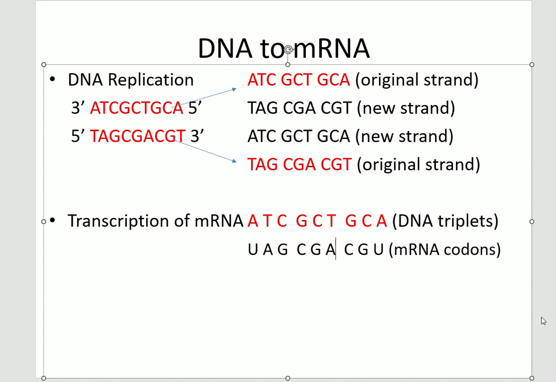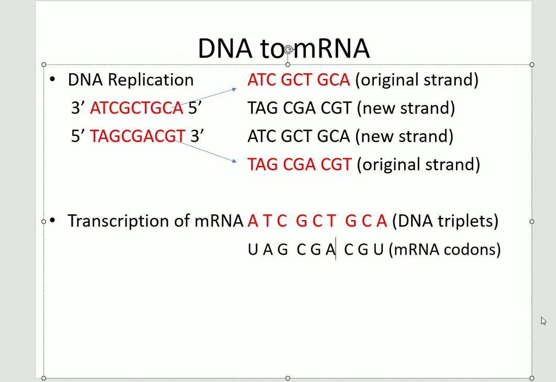That single strand of mRNA then leaves the nucleus and it goes to the ribosome where it undergoes translation to a protein. So again, DNA replicates and then it transcribes or rewrites itself into RNA. RNA then translates into a new language called a protein. So you do need to know that.